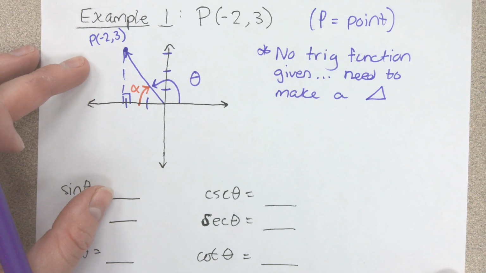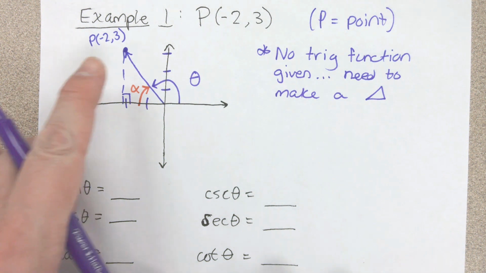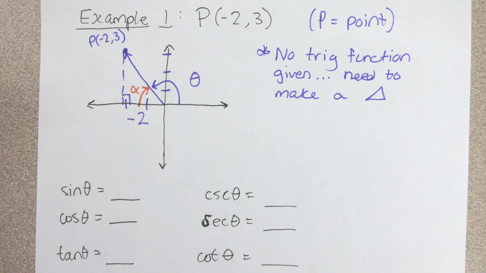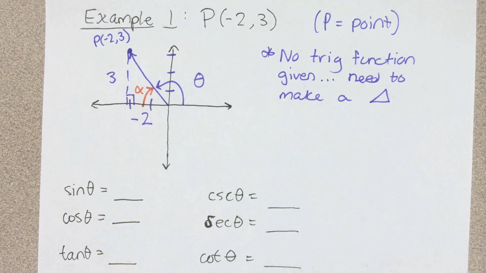Let's get back to the triangle. We already know two of the side lengths, and they come directly from our x and y. The bottom, the horizontal, has a length of -2, and the vertical has a length of 3. How do we find the third side? A squared plus B squared equals C squared. Exactly. It's a right triangle.